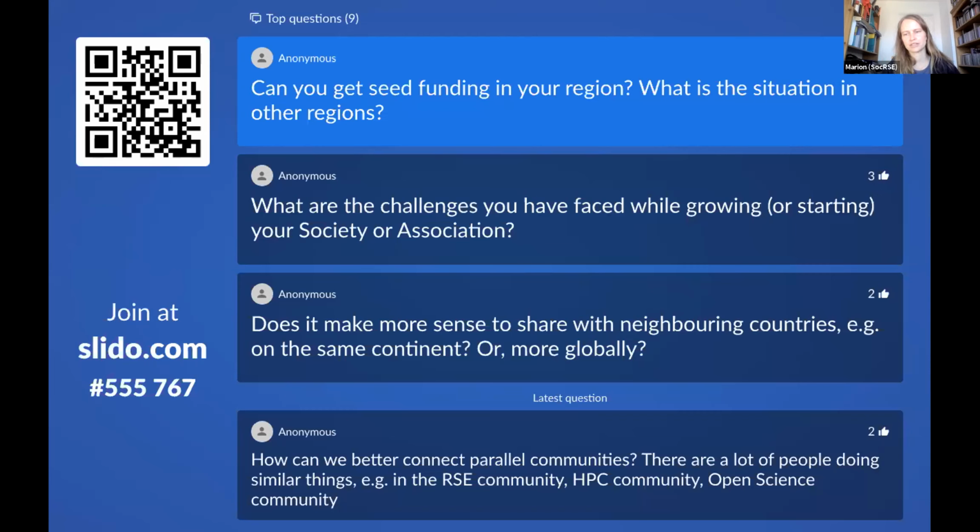And shameless plug, on Friday we have our regional RSE groups event where we invite people who are interested in forming regional groups to come along, and we'll have some lightning talks about existing groups and potential groups, and discuss how further groups can be formed. And again, the society initiatives policy can be used to get some seed corn funding to get those groups off the ground.